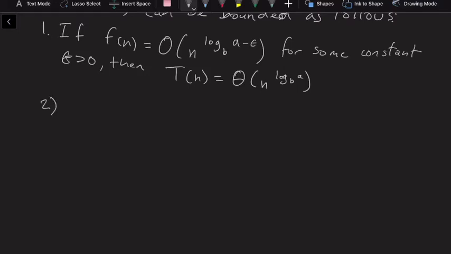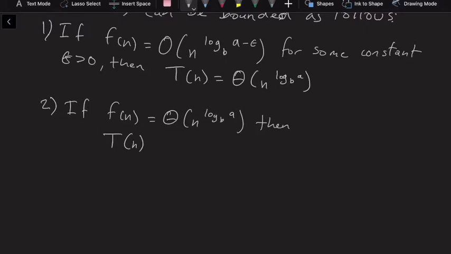Second case is if f of n is theta of n to the log base b of a, then T of n is theta of n to the log base b of a times log n.